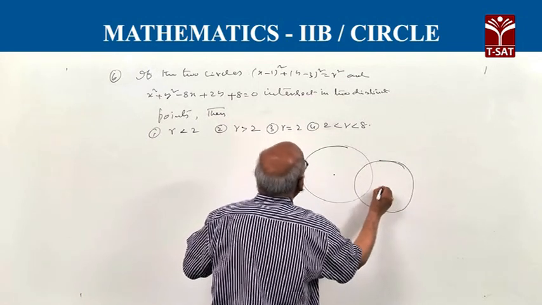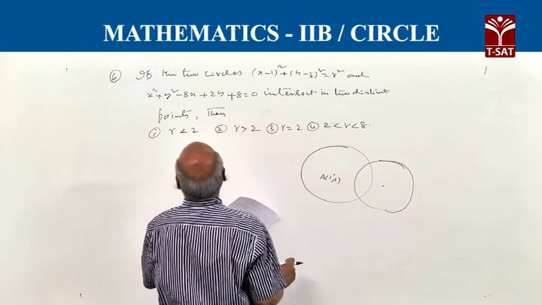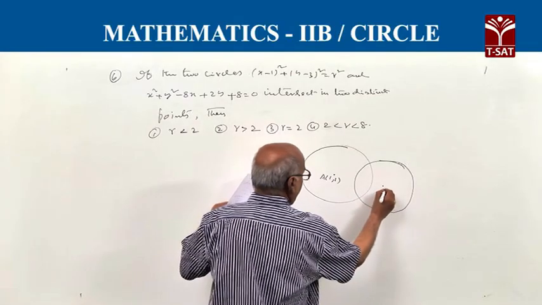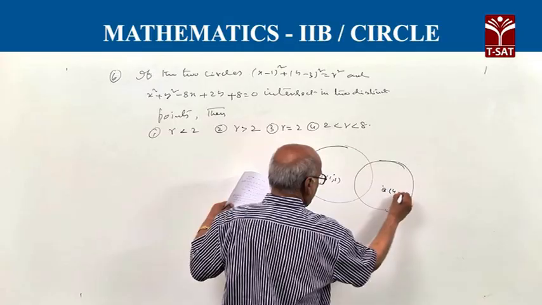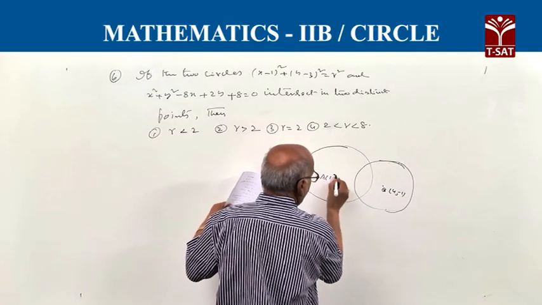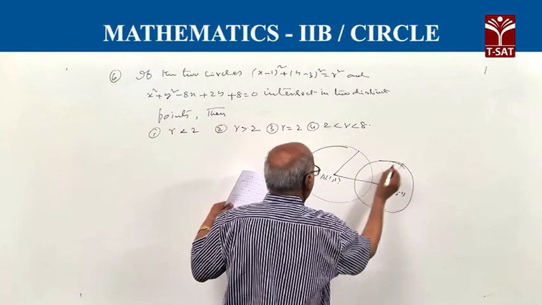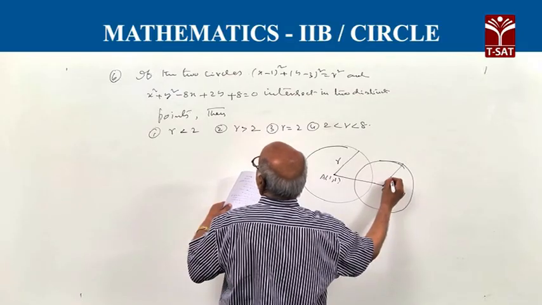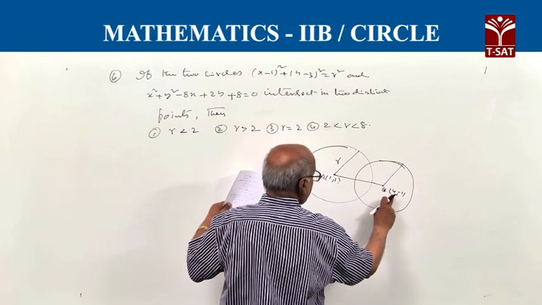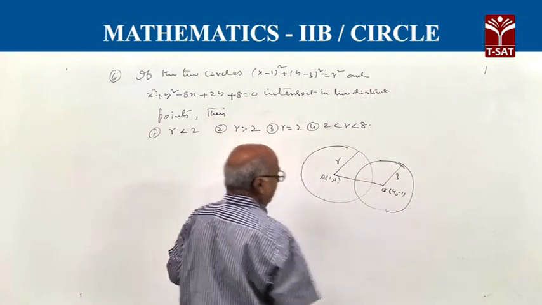So this is A (1, 3) and this is B (4, minus 1), and this radius is r, but this radius is 16 plus 1, 17 minus 8 means 3.